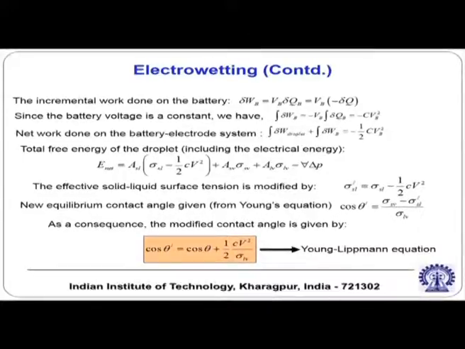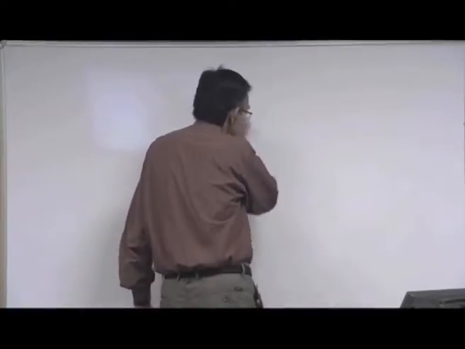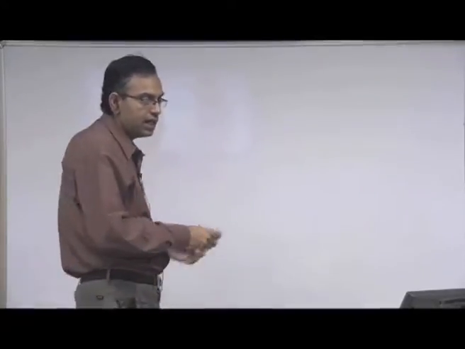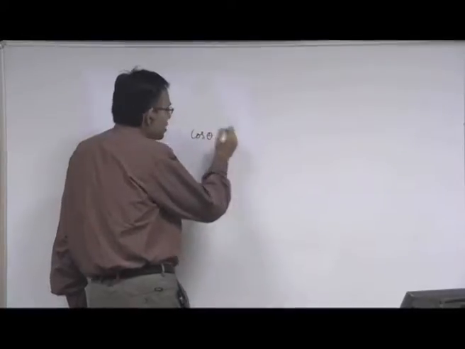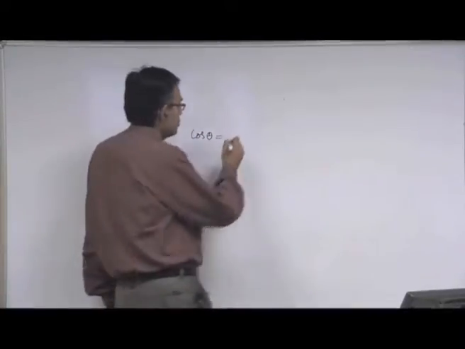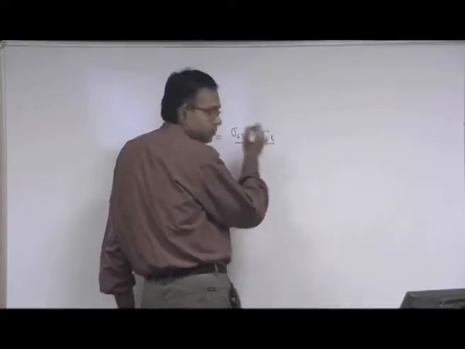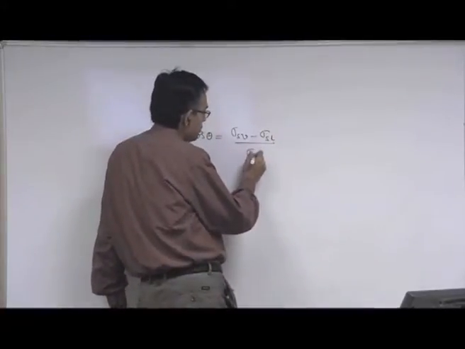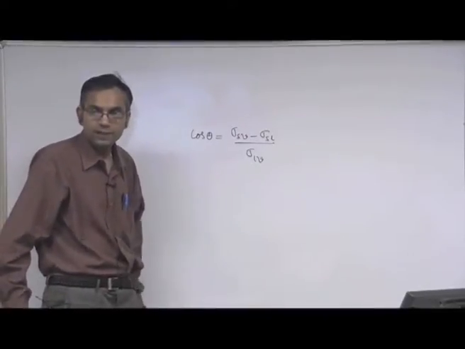Now let us come to the board to see what the consequence is, because some of the steps are missing in the slide. Cos theta, this was without voltage, right.